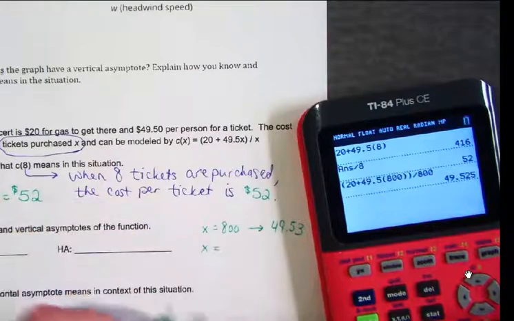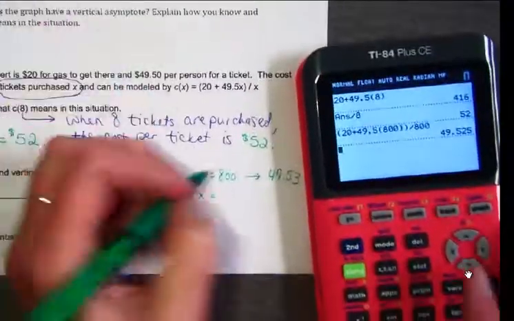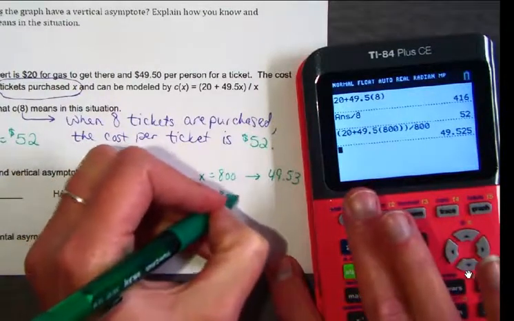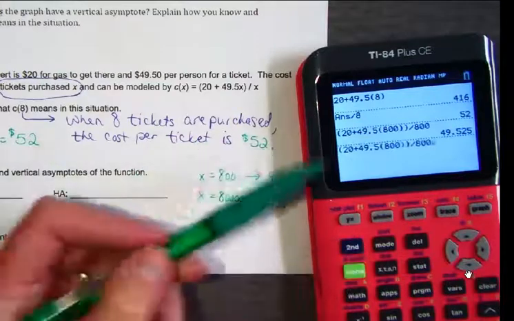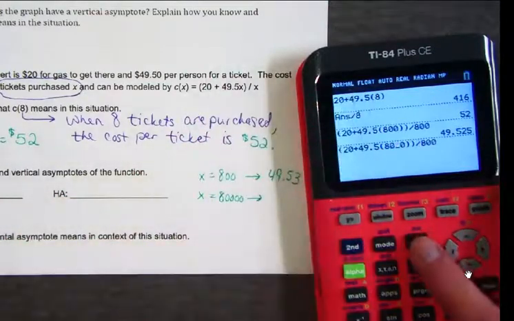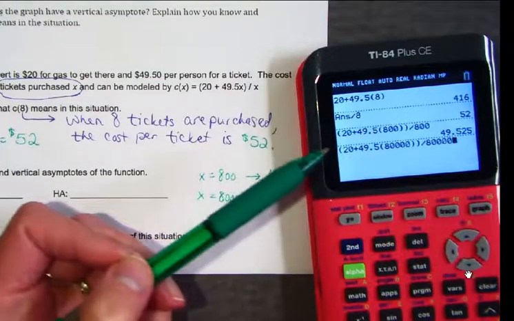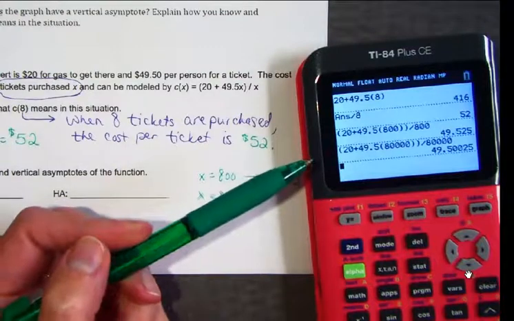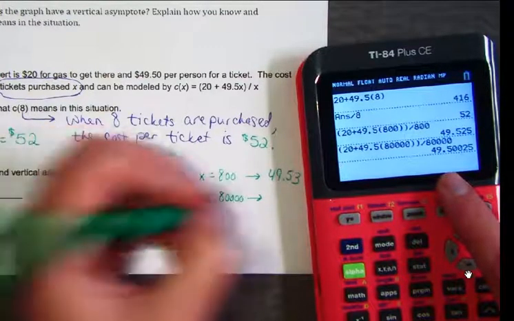But what if x is an even larger number? What if it's something like 80,000 tickets? So I'm going to take my previous entry and I'm going to insert a couple zeros in there. And now it's 80,000. Huh. 49.50.